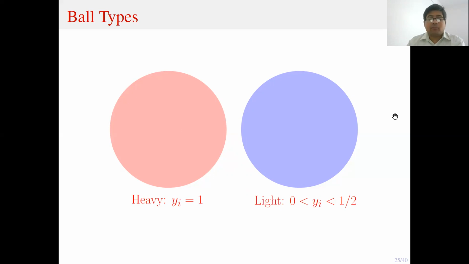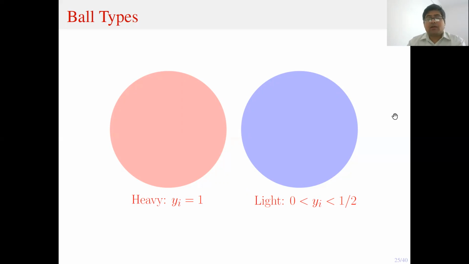If we have a ball which has Y value in between 1 and half, then I can round its value to exactly 1 by losing at most a factor of 2 in the cost. And as I am shooting for a constant approximation, this is fine. So from now onwards, I will assume that we have only heavy or light balls, and the heavy balls are already rounded. We just need to round the light balls.